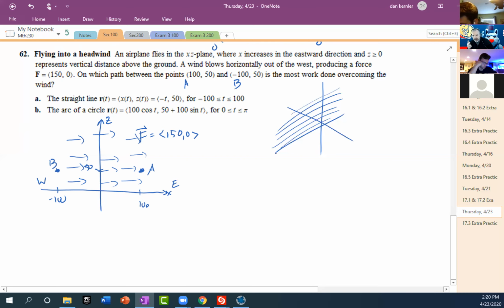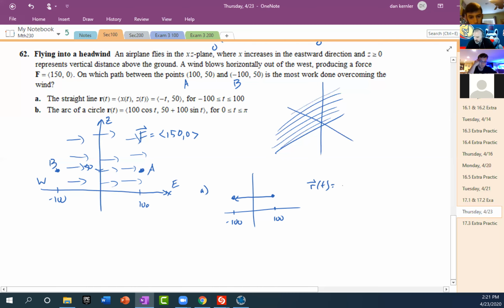Okay, so we have 2 options, and we're going to find the work for both of these. One option for A is that we fly on the straight line. We just go boom, like that. And they even give us all the parameters. So they kind of make it a little bit easier for you.